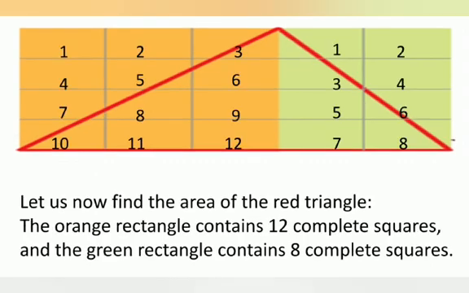To find the area of the red triangle, let us first find the area of the orange rectangle and the green rectangle. The orange rectangle contains 12 complete squares and the green rectangle contains 8 complete squares.